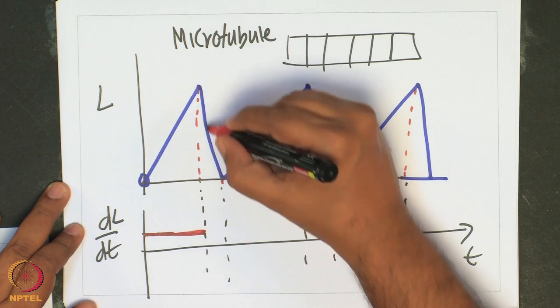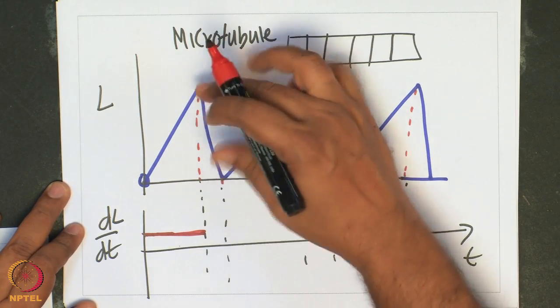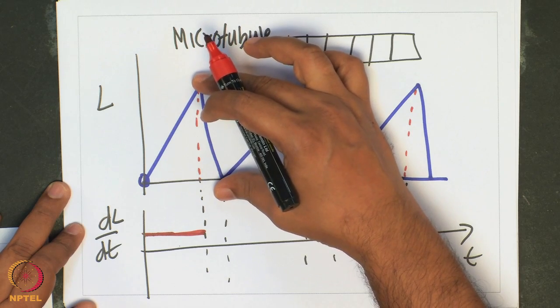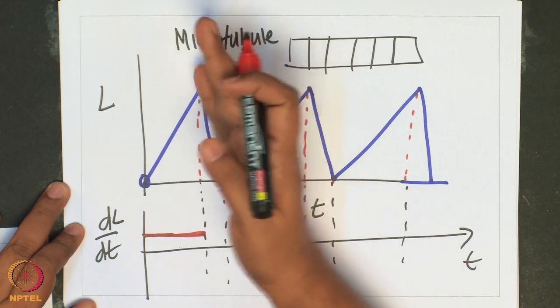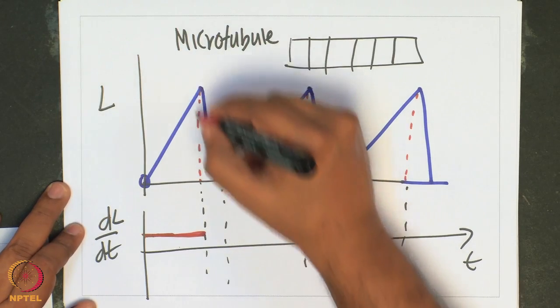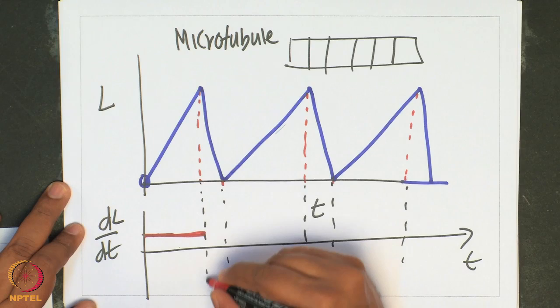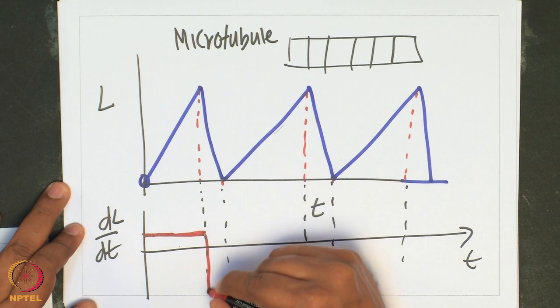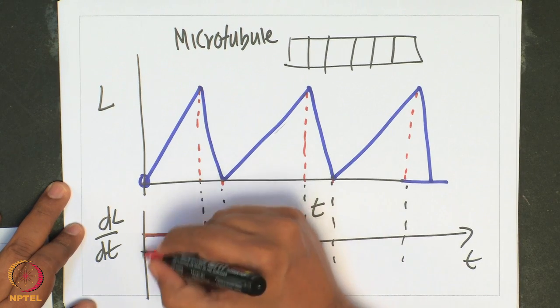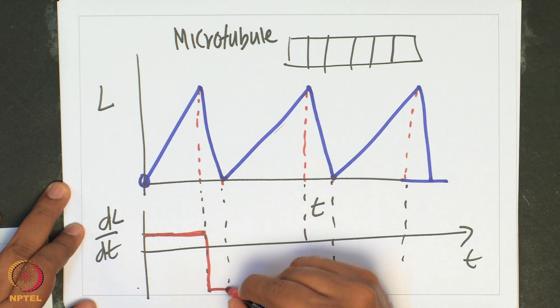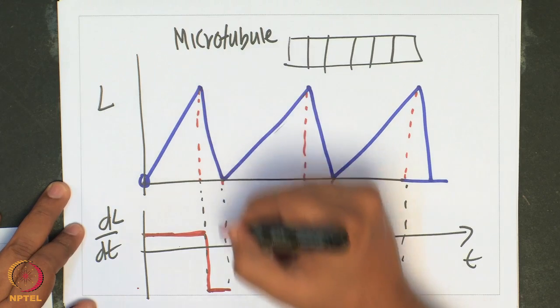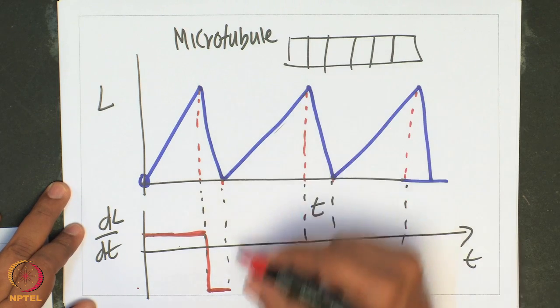And there is a sudden shrinkage. Sudden would mean a large negative number. The slope is large compared to this, and shrinkage means a negative slope. So it's a big negative number, much bigger compared to this. Then it is a constant, almost like a straight line. Then suddenly it's positive again.